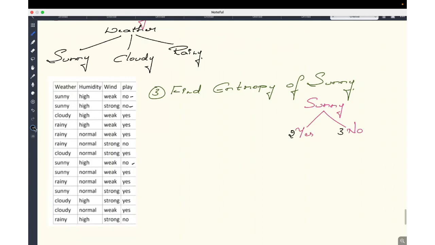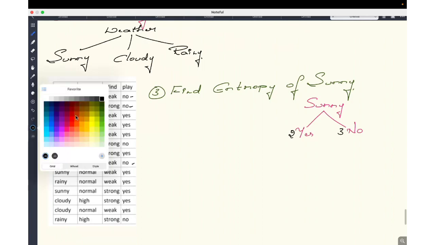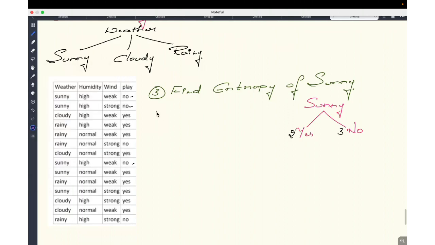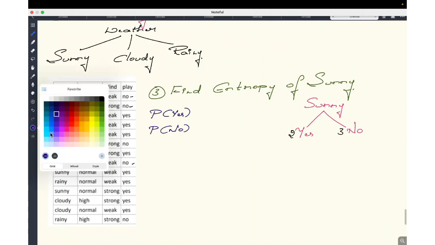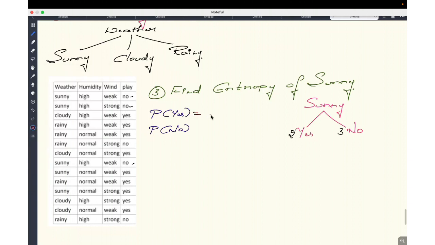So now tell me, what is the probability of yes? What is the probability of no? What is the chance, like overall events? Probability of yes is 2 out of 5. Probability of no is 3 out of 5.